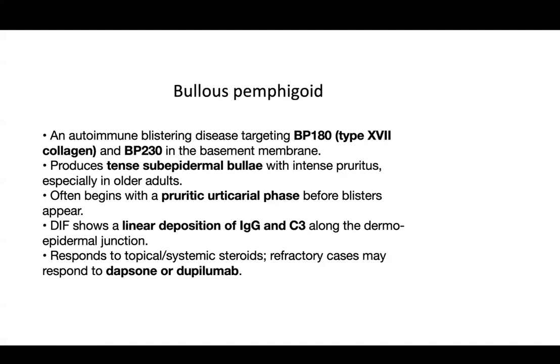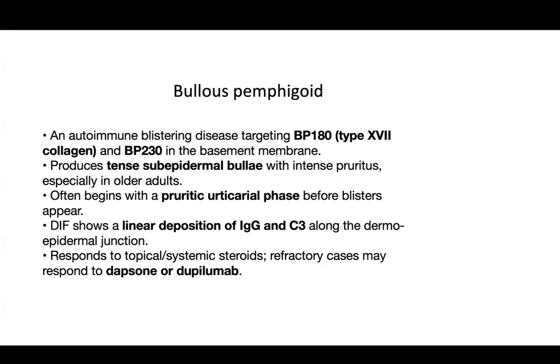So it has intense subepidermal blisters, and sometimes we can diagnose bullous pemphigoid even without blistering because there is a subset of patients who have an urticarial phase, and it can stay for many months or persist, and it's very itchy.